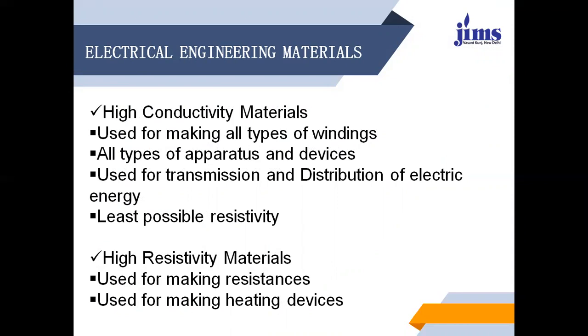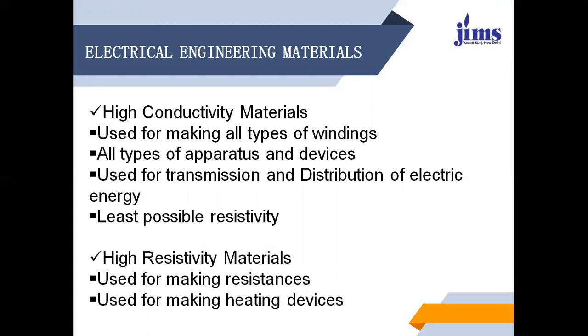High conductivity material means a material having high conduction capacity. It is used for making the windings of all types of machines, and for manufacturing all types of devices used for transmission and distribution of electrical energy from one position to another.